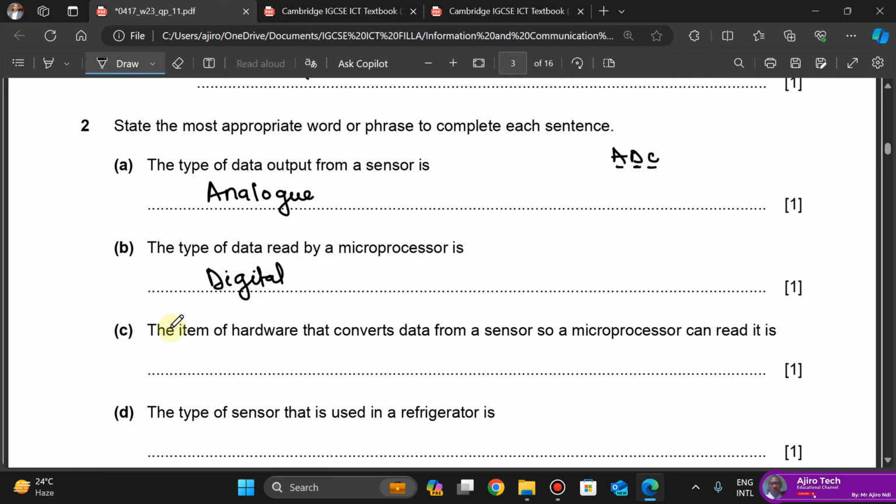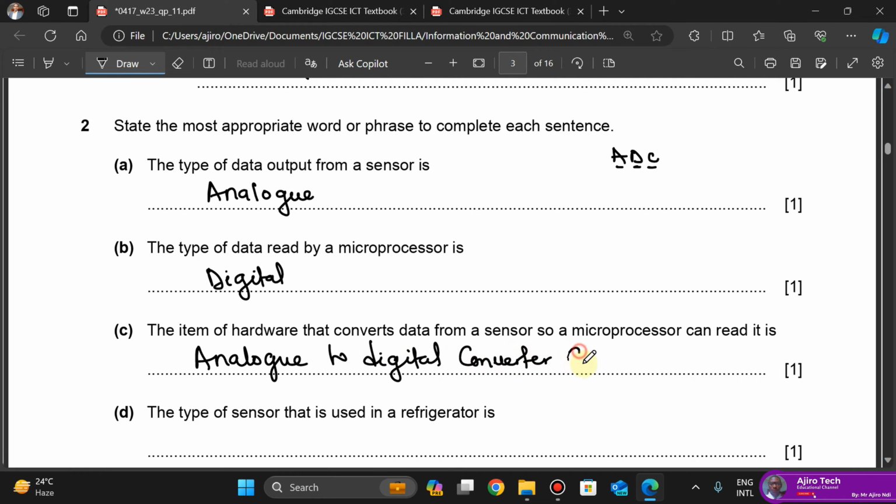The type of hardware that converts data from a sensor so a microprocessor can read it is what? I said it here already. The hardware that converts data from a sensor so the computer can read it is what we call the analog to digital converter.